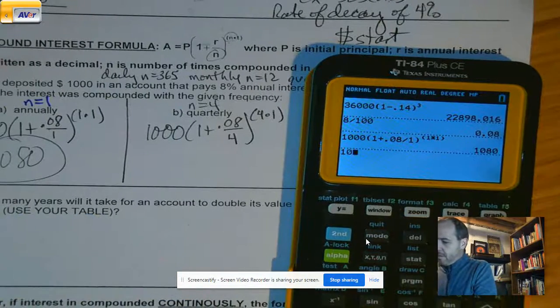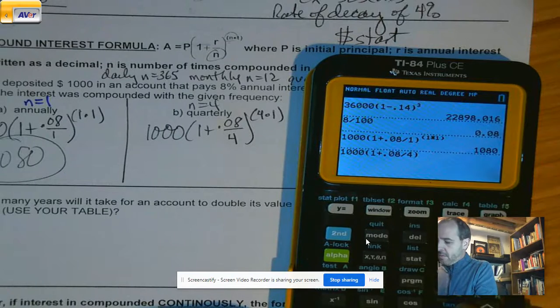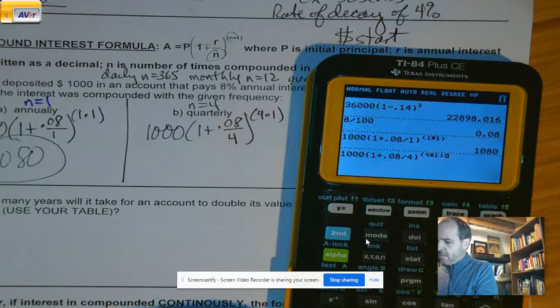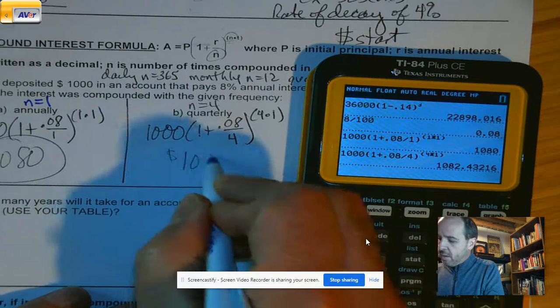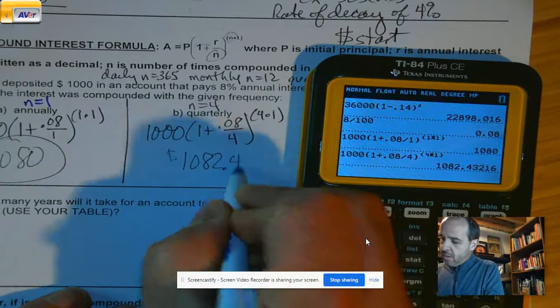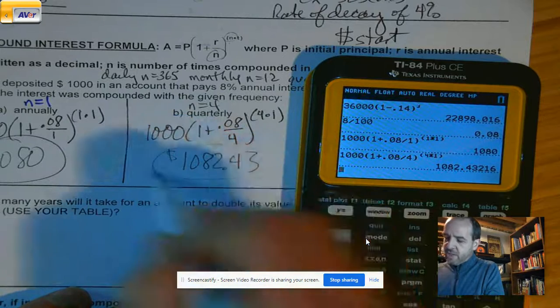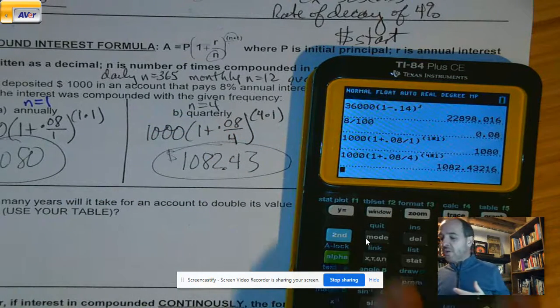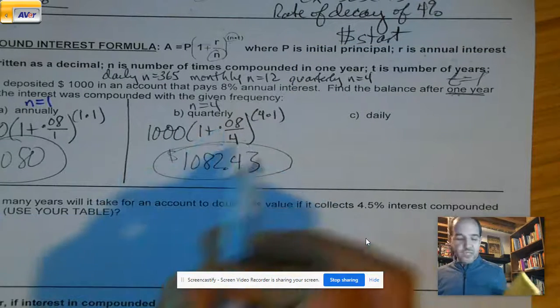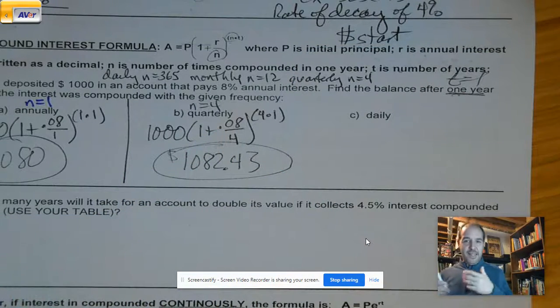Let's see what happens. Well, okay, we made a little more. Might have a little extra money for that extra McDouble or something. So quarterly changed it a little. I got more interest more often, but it's not like life-changing.